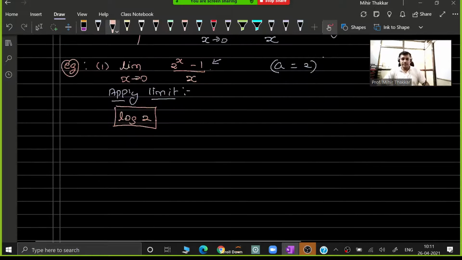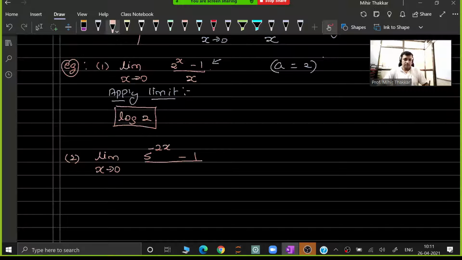Let me take one more example. Example number 2. Limit as x tends to 0. 5 raised to minus 2x minus 1 divided by 3x.